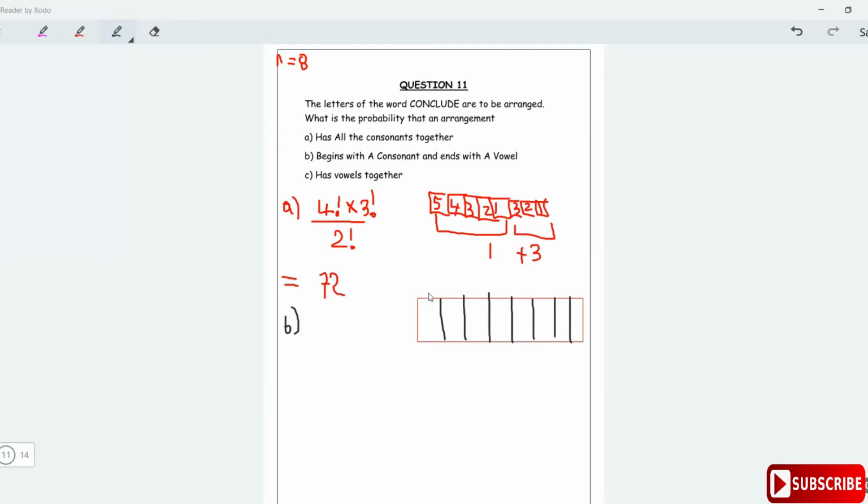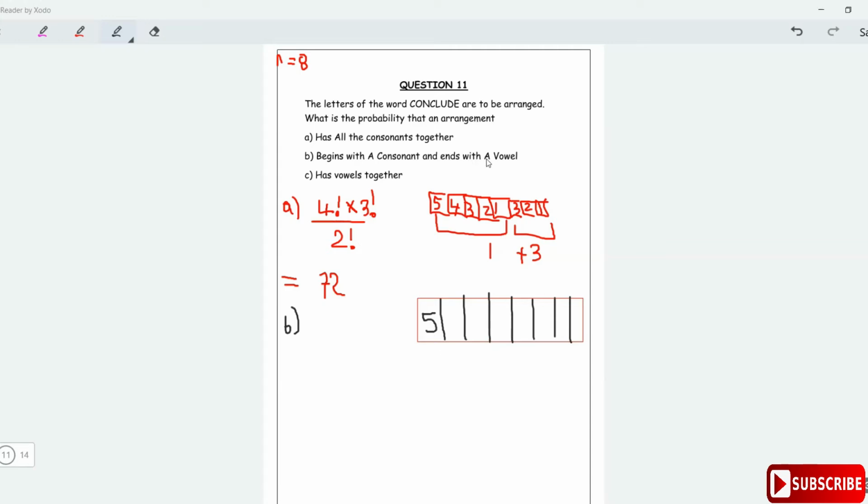If you begin with a consonant, that means any one of the 5 can go here: a C, an O, an N, a C, an L, a D. Any one of those 5 letters can go here.